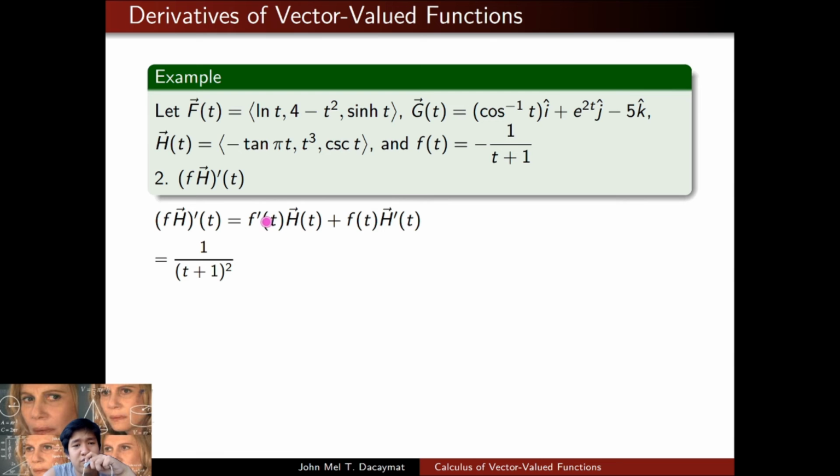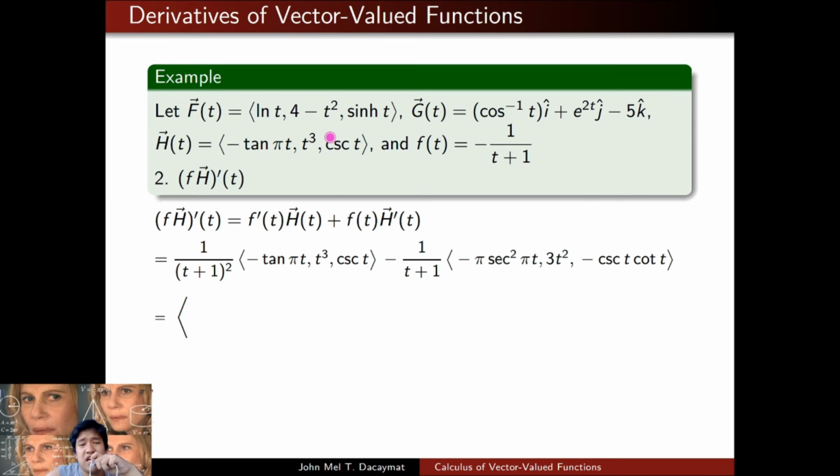So, if I have f prime here, I get 1 over t plus 1 squared for your f prime times h, plus copy the f. So, naging minus na siya, times yung h prime when differentiated: negative tangent pi t, pag dinifferentiate is negative pi secant squared pi t, t cubed becomes 3t squared, and cosecant t when differentiated is negative cosecant cotangent.